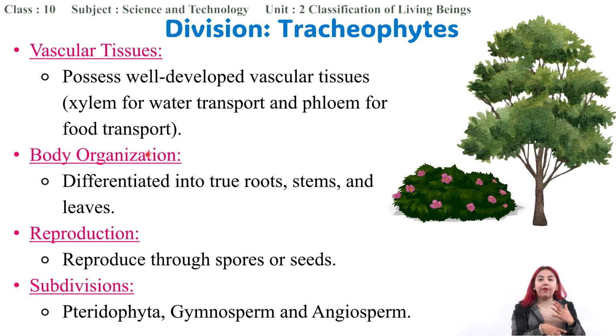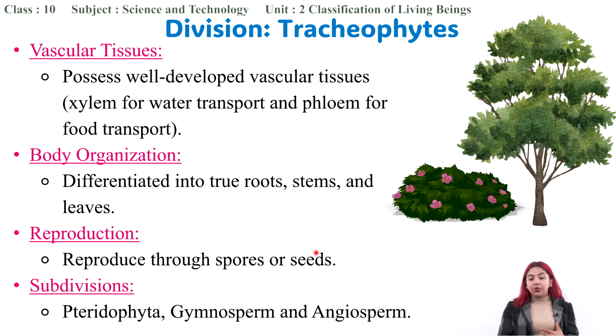The bryophytes has structure that resembles root, stem and leaf, but it is not true root, stems and leaves. But from this division, the plants have a body that can be differentiated into true roots, true stems and true leaves.